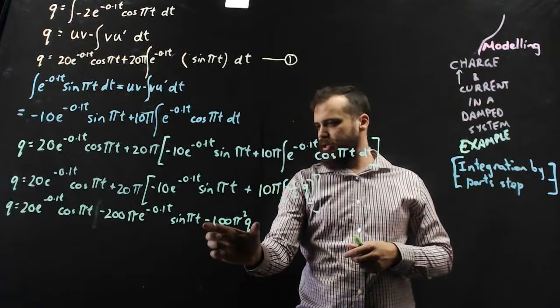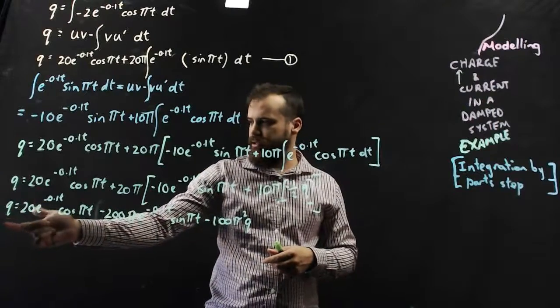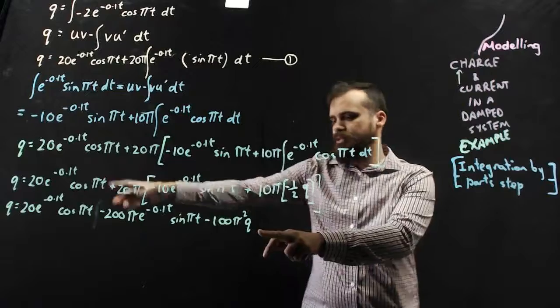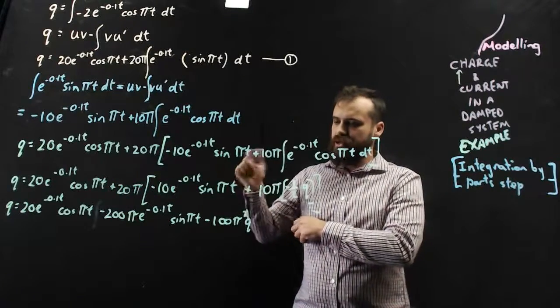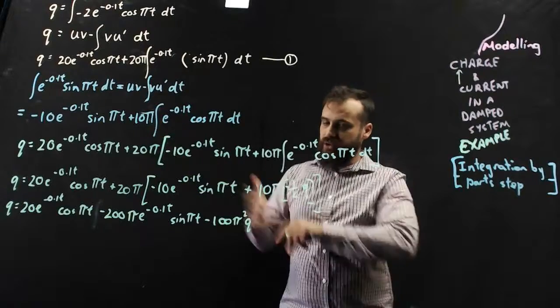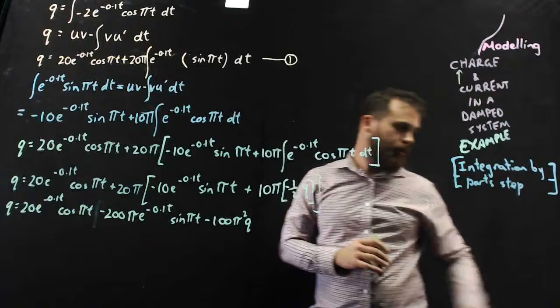It would be really handy if that q was over here with this q. So I'm going to shift negative 100 pi squared q over to that side, which is going to be plus 100 pi squared q. Then I'm going to factorize out the q, then divide by what's left over, and I should have something to work with.